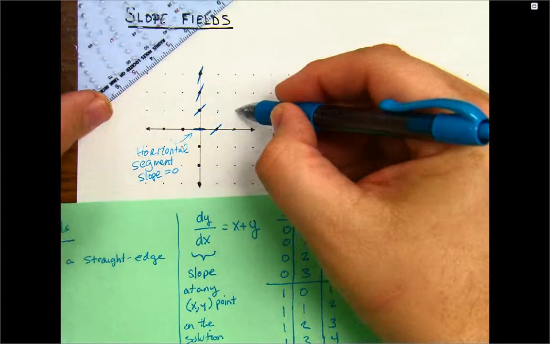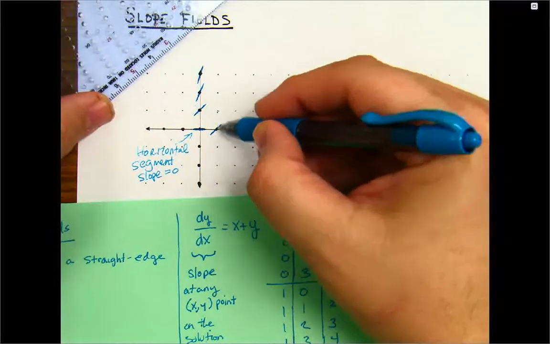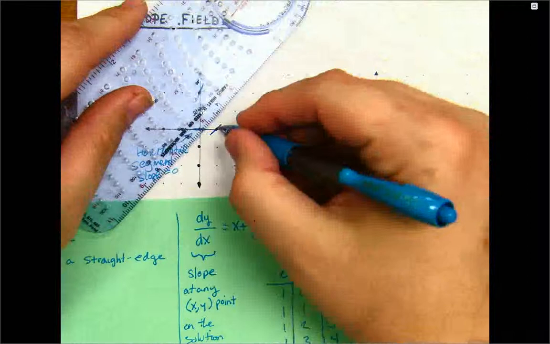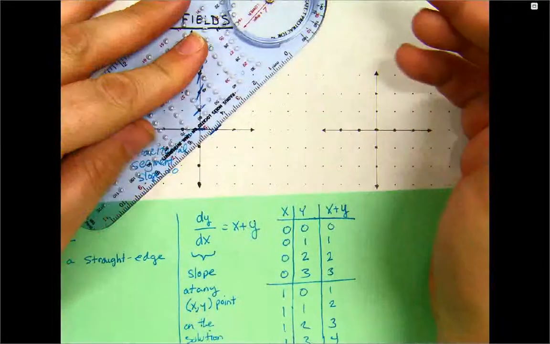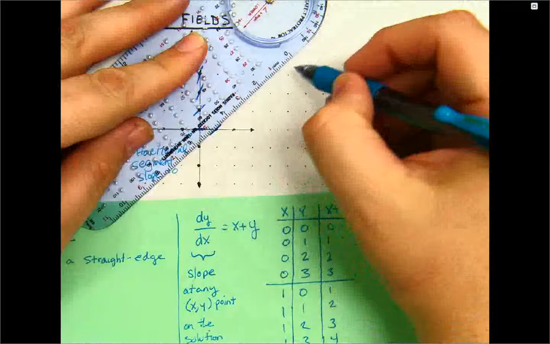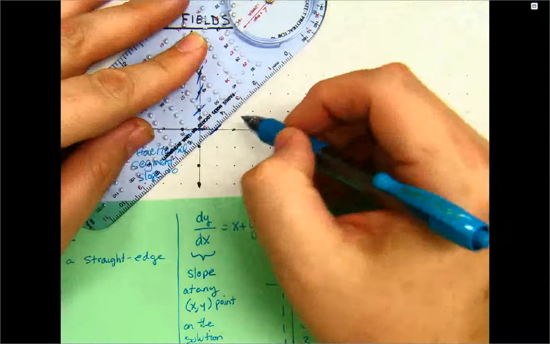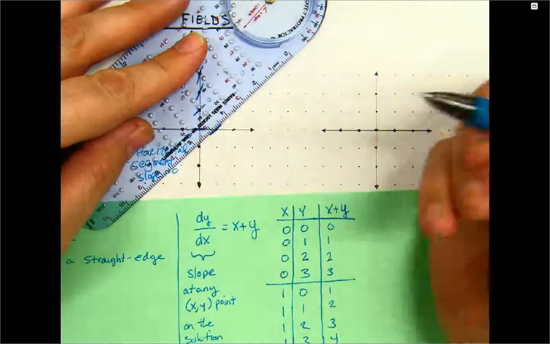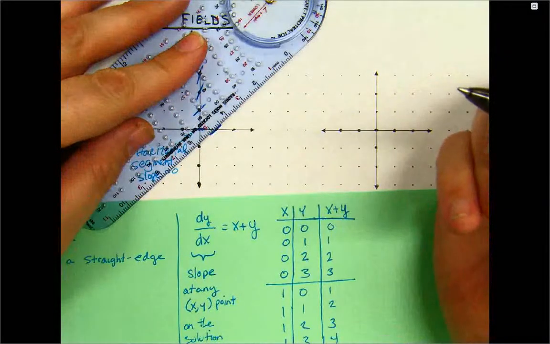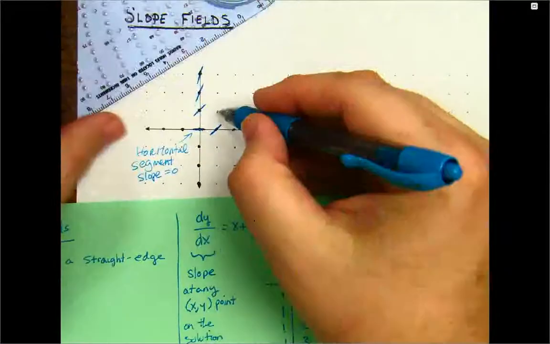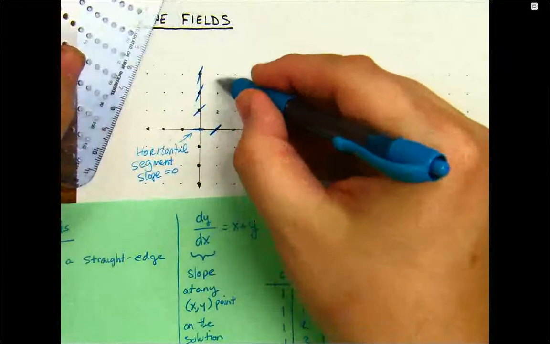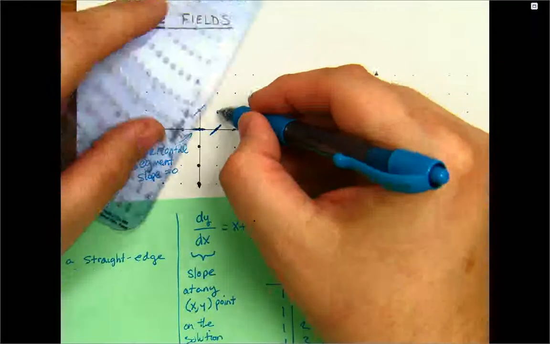So I know I'm going to this point, and that would be the line if I drew the entire line with a slope of 1. I just need a little segment going through that point that has that slope of 1. So the ruler represents that slope of 1. Now here I have a slope of 2, which means up 2, right 1. So I know I could get to this point, and then I can just draw this.